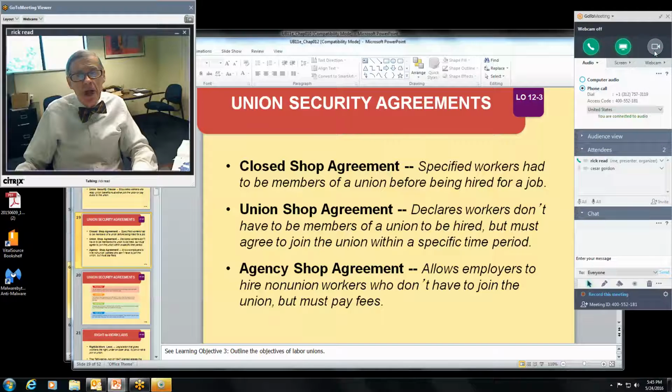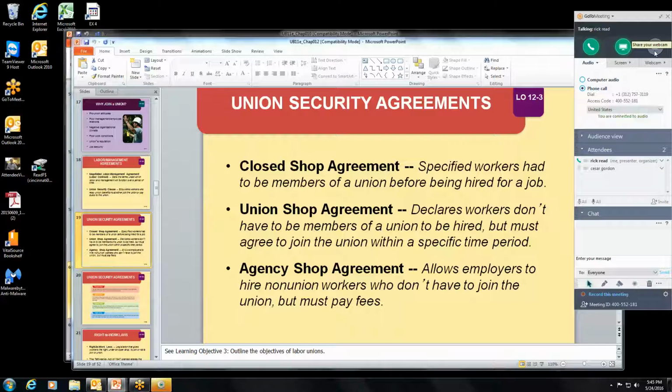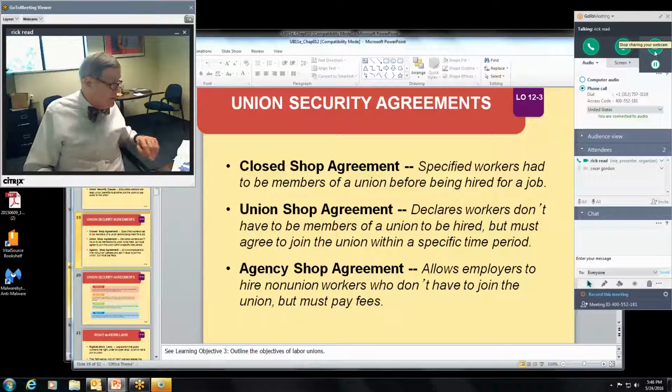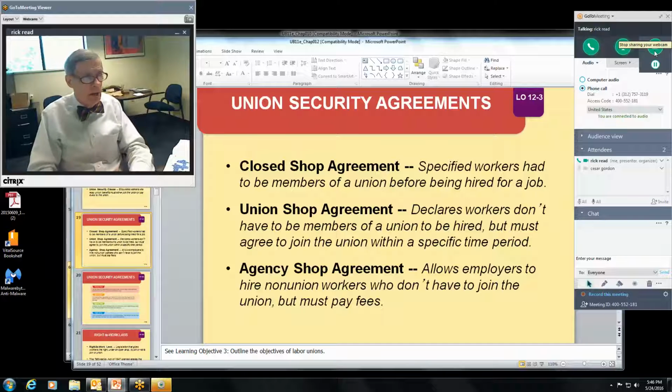These are the types of agreements that in some cases we have and in some cases we don't have. The closed shop is no longer around. Specified workers had to be members before being hired for a job. That is no longer applicable. Union shop said they don't have to be members, but must agree to join within a specified amount of time.